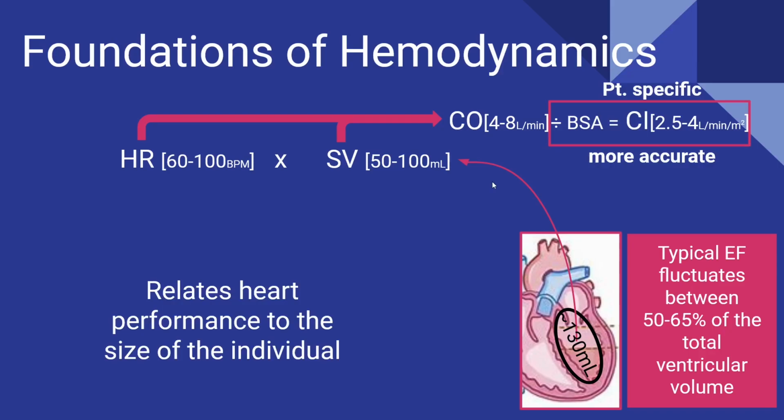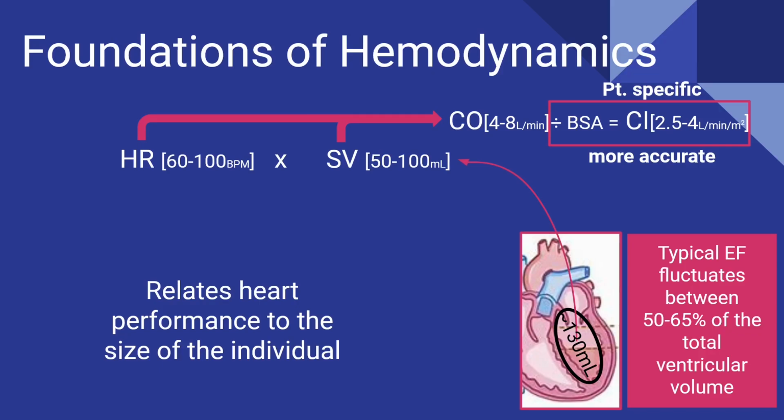So, how do we get more specific numbers for different individuals? If you have two patients and they both are hooked up to a monitor that tells you these values, one is 100 kilograms heavier than the other, how do you get a more accurate number to represent what their cardiac output should be?